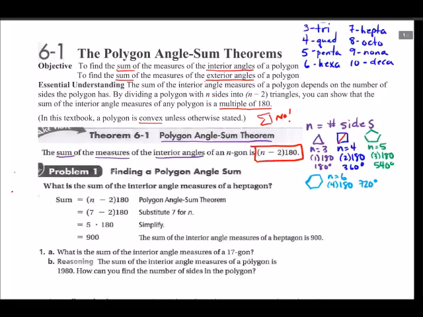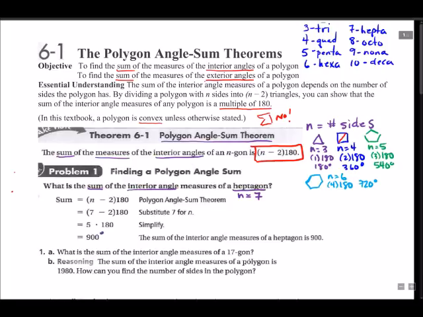As a matter of fact, we can look at our first example here. It says, what is the sum of the interior angle measures of a heptagon? Well, we know hepta means 7, so this is n equals 7, and you should always make a little note of that. What do we know? So we write our formula here. The sum of the measures of the interior angles of a heptagon is n minus 2 times 180, 7 minus 2, 5 times 180 is 900.